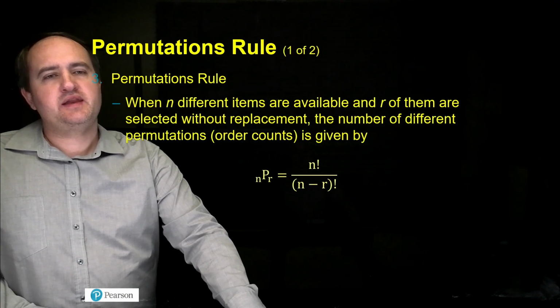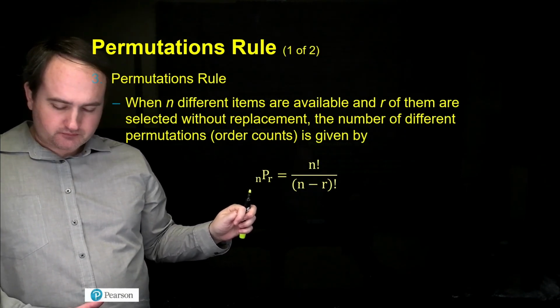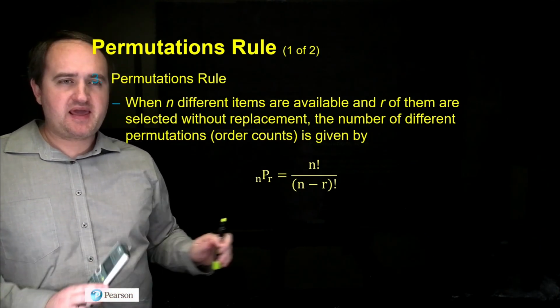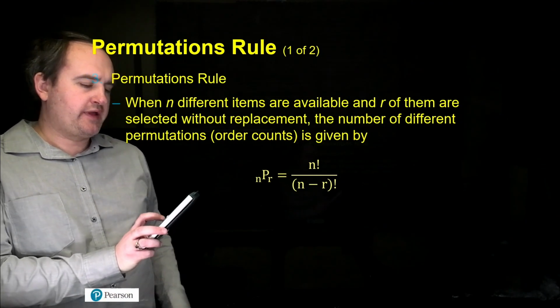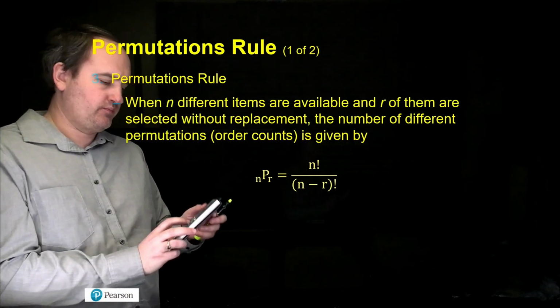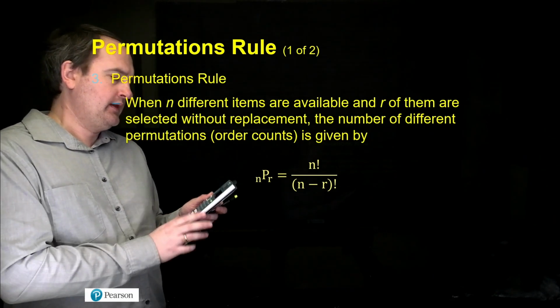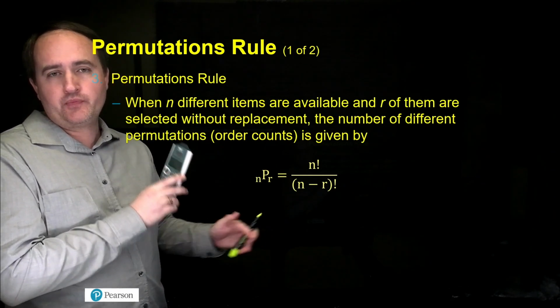Now looking at this formula, your calculator may have a button that says nPr. For example, on the calculator I'm using, I can press PRB, which stands for probability, and one of the choices in the menu is nPr.